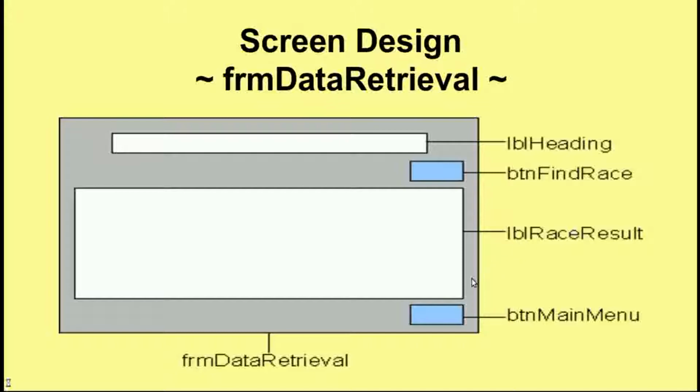If something is a button, it starts with btn. If something is a form, it starts with frm. If it's a label, something that just displays text, it's LBL. And if it's something that the user enters text into, a text box is txt.